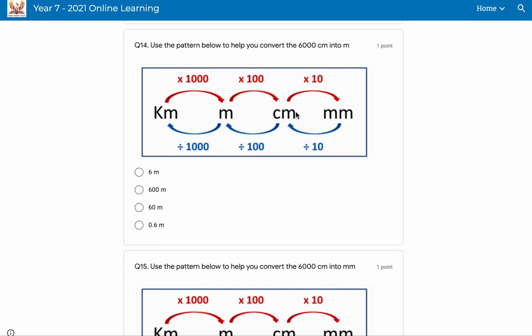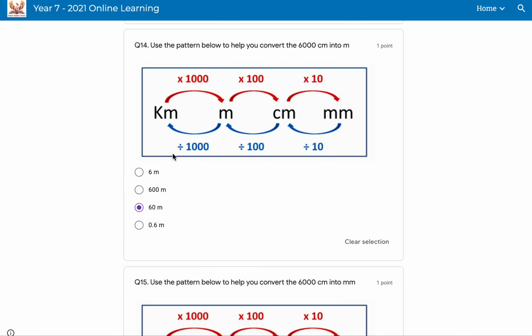And now because we're going from a smaller unit to a larger unit, we must divide. We're not multiplying anymore, we're dividing. So we've got 6,000 centimeters and we need to divide by 100. So 6,000 divided by 100 is 60. So we're now at meters, so we're 60 meters. 6,000 centimeters is the same as 60 meters.